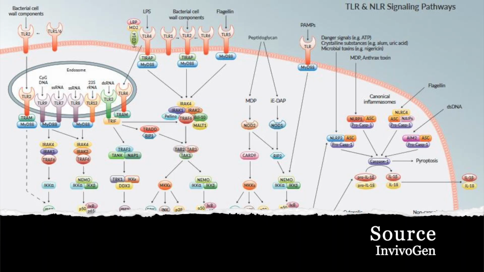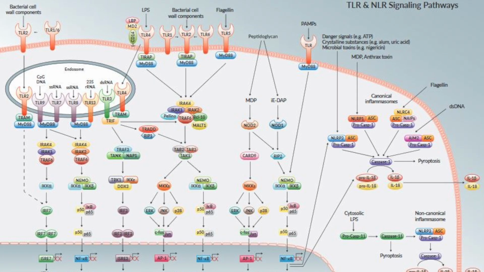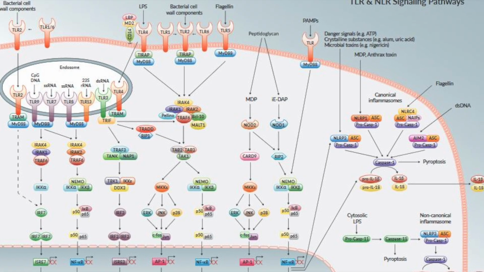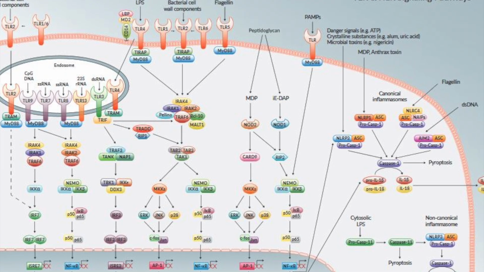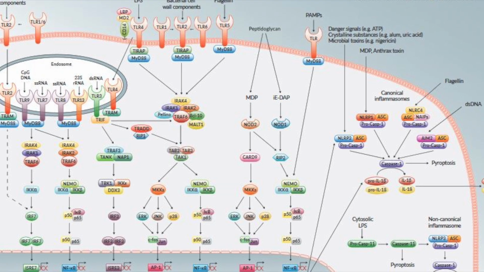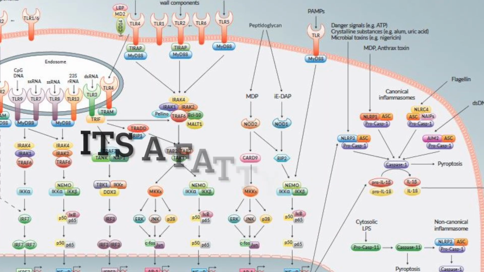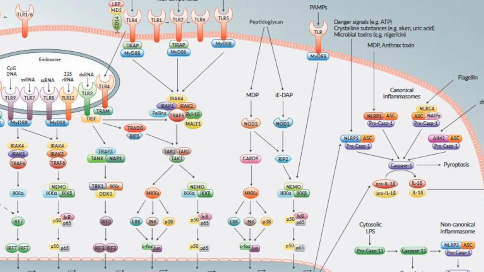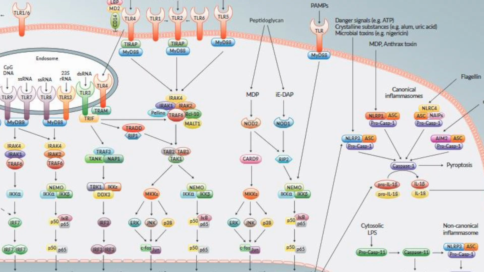So if we're looking at these diagrams here, some of these receptors can identify components in bacterial cell walls, as well as flagellin, which some pathogens use to move around. There's LPS, which is lipopolysaccharide, which is like a fatty acid present on, or is it a sugar? I'm not really sure. But this is also where aluminum binds. Aluminum binds these pattern recognition receptors, and that will be important very later on in the video.